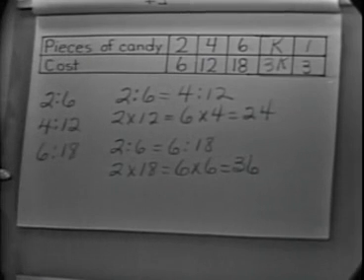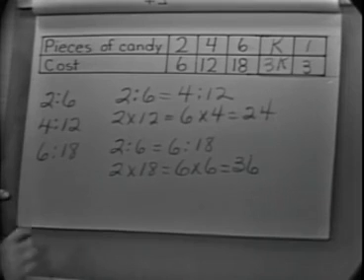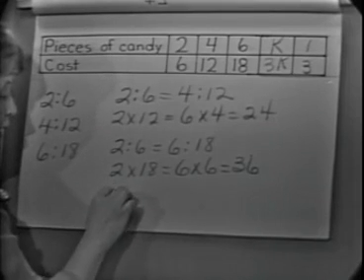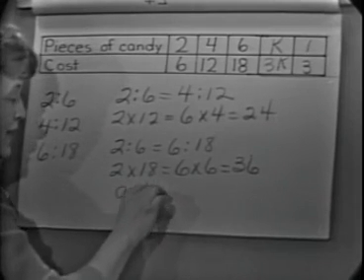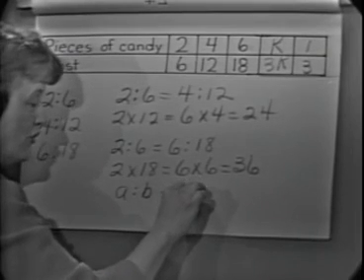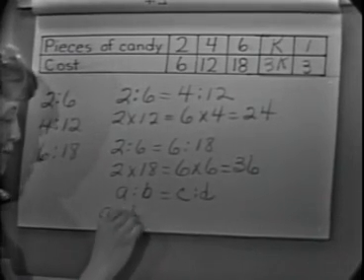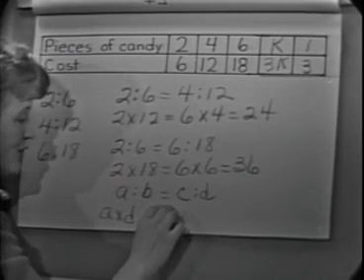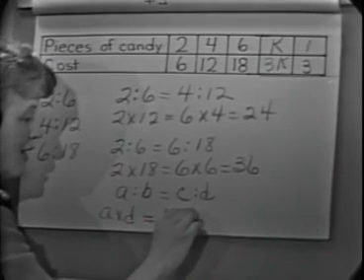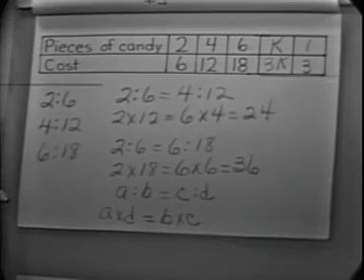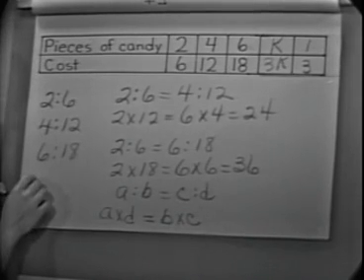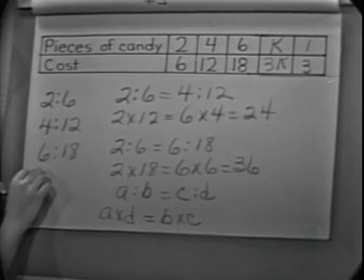Suppose that our pairs were A, B, and C, D. Then we could write A is to B as C is to D if A times D is equal to B times C.